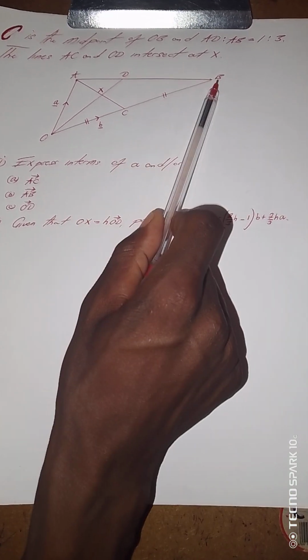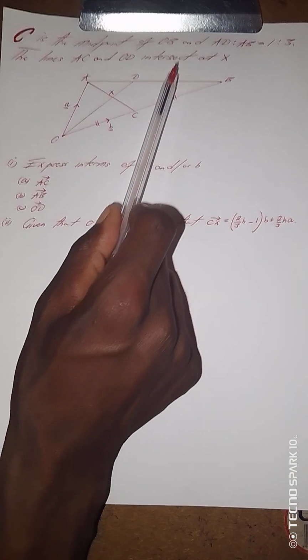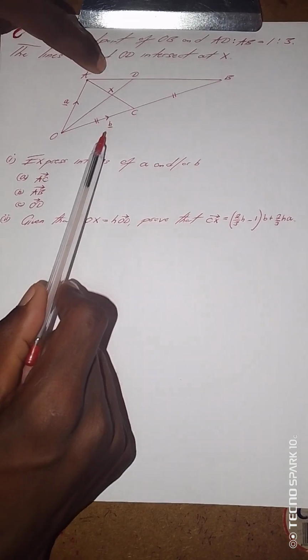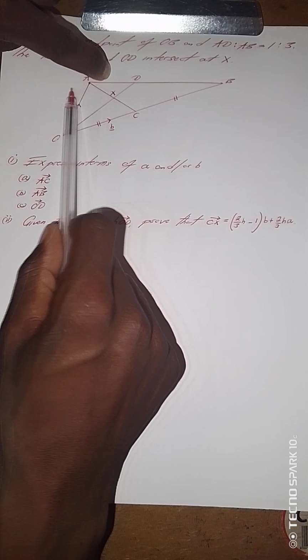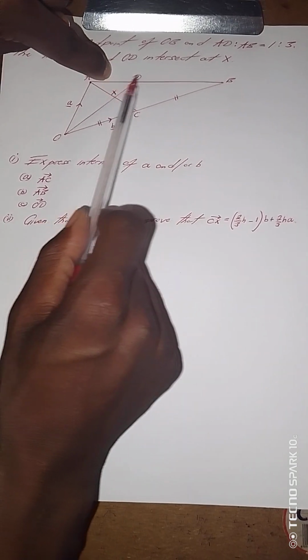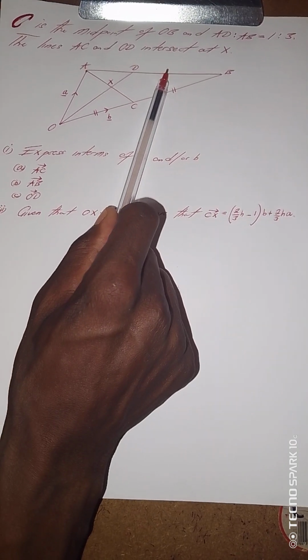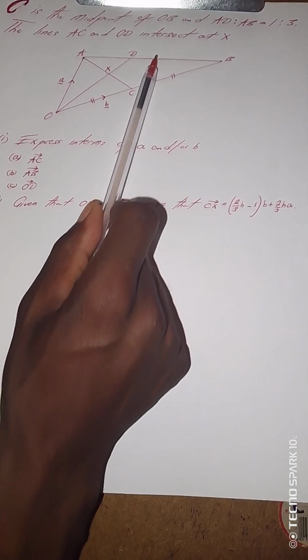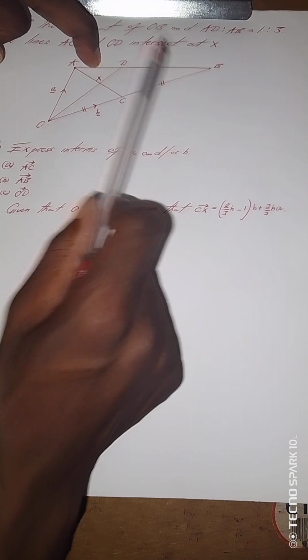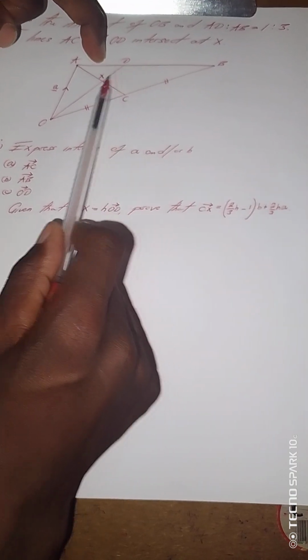So DB is automatically 2. Where am I getting this 2? Here there is 1, and the total distance is 3. So 1 plus x equals 3. When you solve that equation, you get 2. For you to have 3, how many are you remaining with? We are remaining with 2.